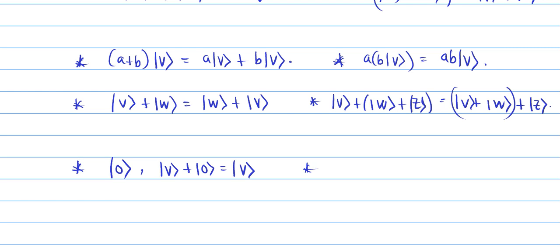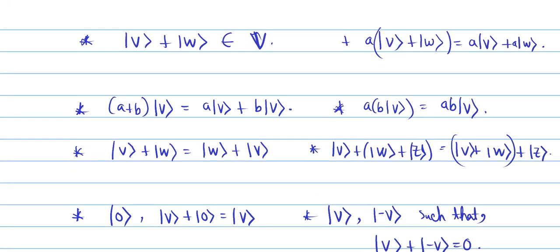And the final axiom or rule is that there also exists an inverse vector. If v exists in our linear vector space, then there will also exist a vector minus v such that v plus minus v will be 0. So these 10 rules are the rules of a linear vector space.